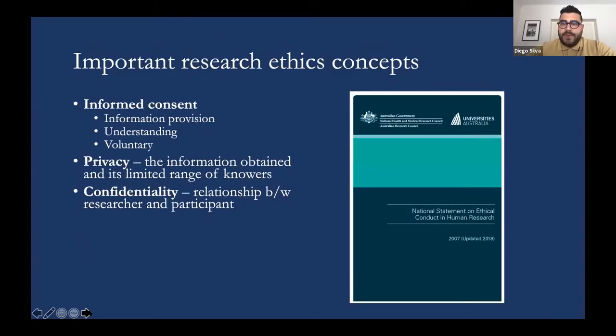So on the right-hand side, you'll see the National Statement. Hopefully, if you haven't had a chance, I strongly recommend reading it. It's the main document for research ethics in Australia. It's put out by the NHMRC and the ARC as well.